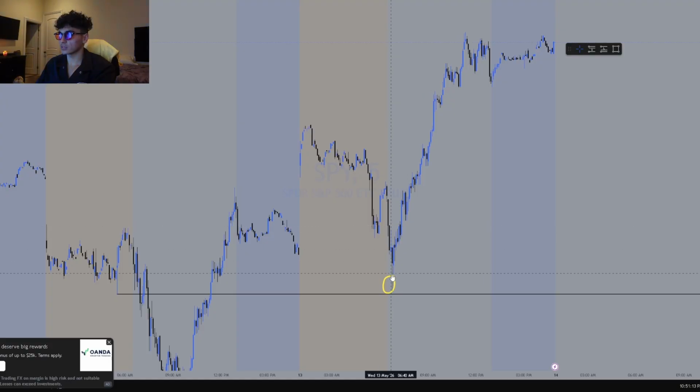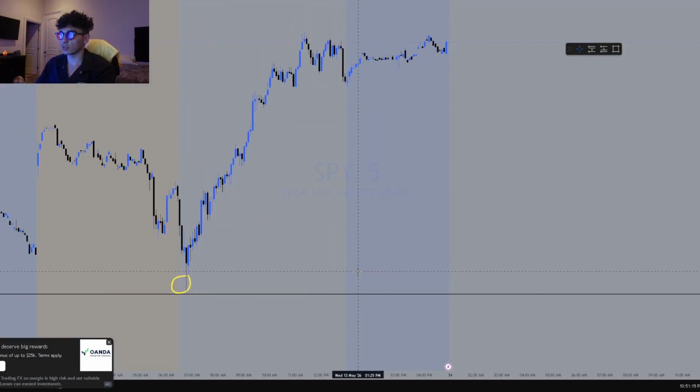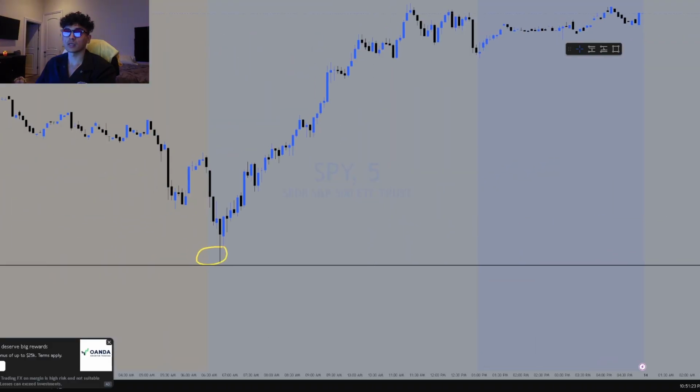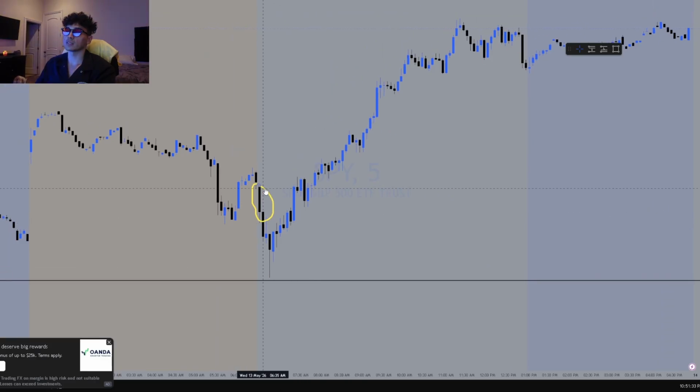So in this case scenario, open market high looks like right here at this candle, okay? So this candle that I'm circling is where the market opened up, right? Therefore, we would want to mark out the high of that candle since it is the open market high. So boom, that's exactly what we did. We now have our resistance level.